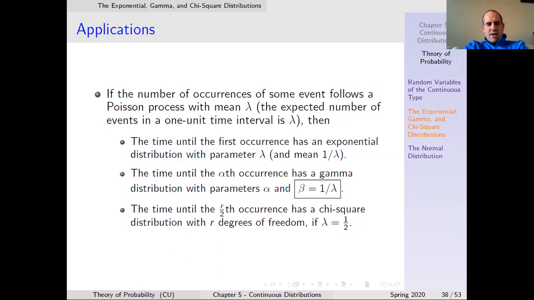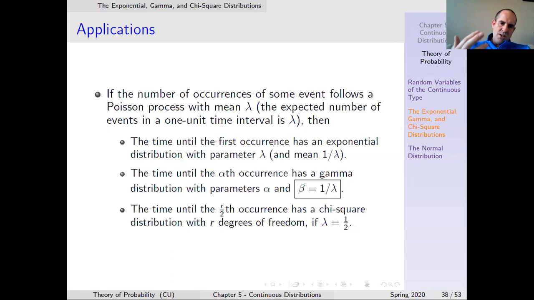And then the time to the r over 2th occurrence has a chi-squared distribution with r degrees of freedom, and lambda here is going to be 1/2. It's 1 over beta. Here alpha is equal to r over 2, and beta is equal to 2, okay?